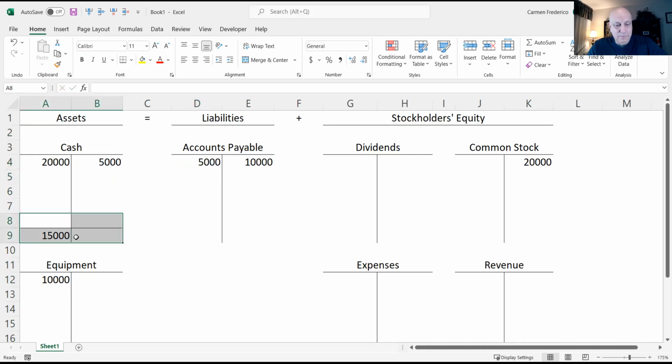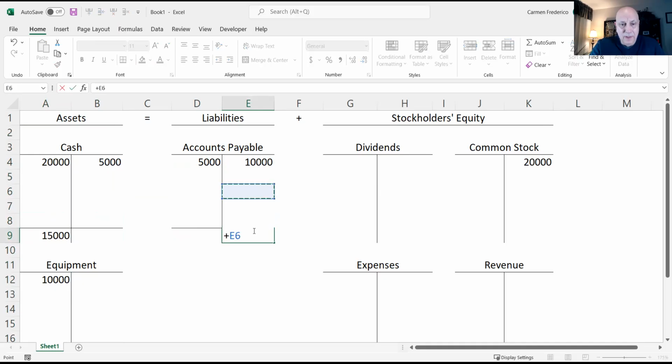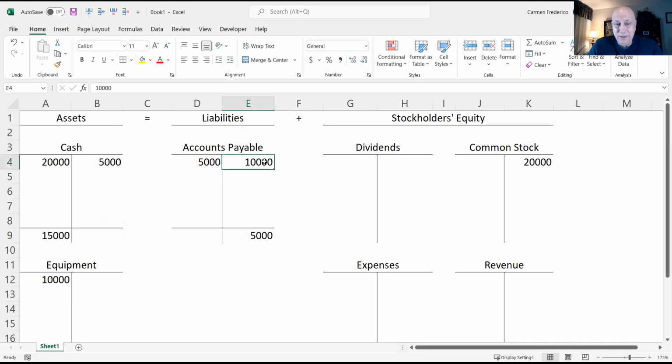Okay. So we have a balance here of liabilities of a $10,000 credit minus the $5,000 debit. We have $5,000 remaining to be paid. We had started out with 10,000. We paid off 5. We have 5,000 to go.